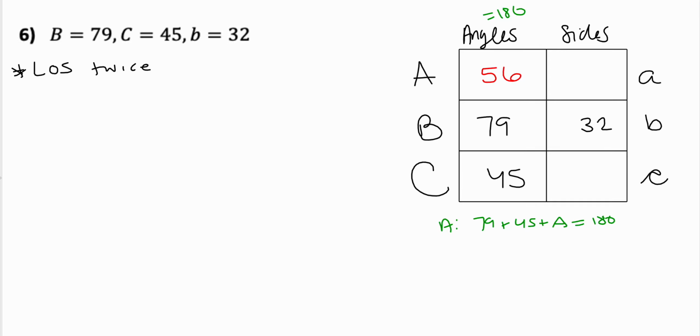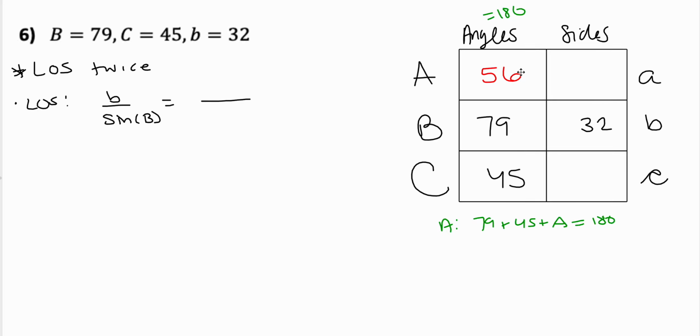Using law of sines, since I have my big B and little b, I'm going to utilize big B and little b the entire time for both of my law of sines. If I'm looking for a missing side length, I'll put the little b on top. So it'll be little b divided by sine of big B is equal to, and I need to determine which one I'm going to find.